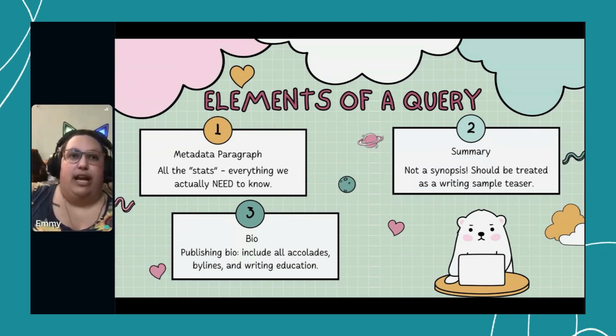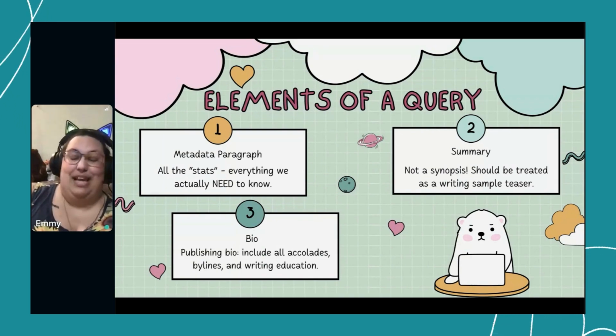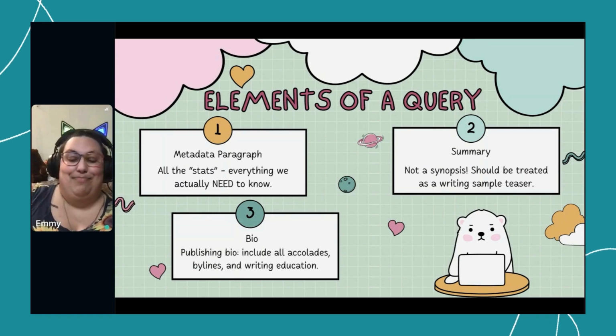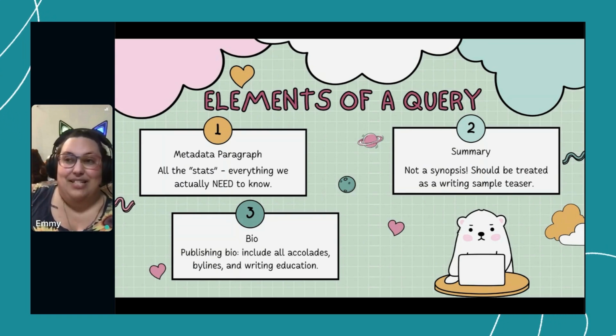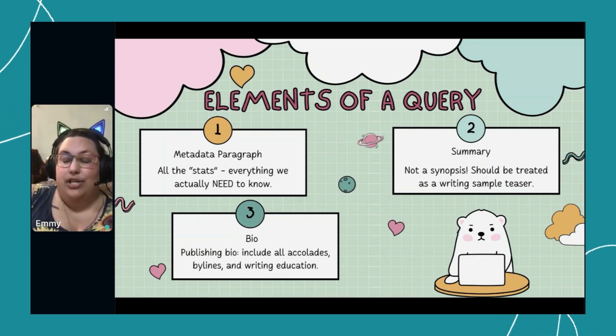Having that information right up top makes our jobs so much easier. You always want to make the jobs of people as easy as possible, because that means your query will get to who you want to see it as quickly as it possibly can. I usually get maybe 30 to 40 queries a week on average.